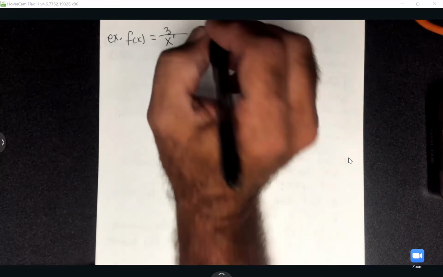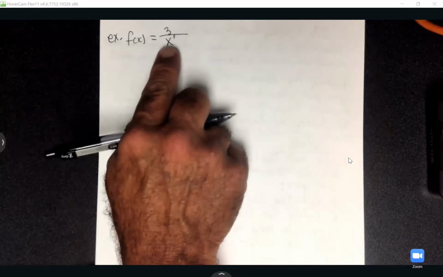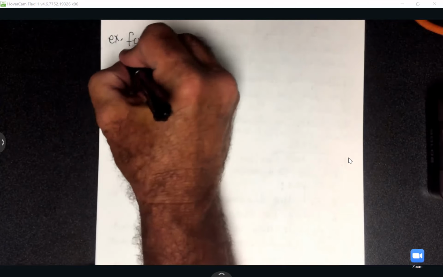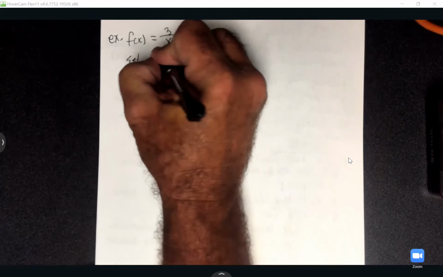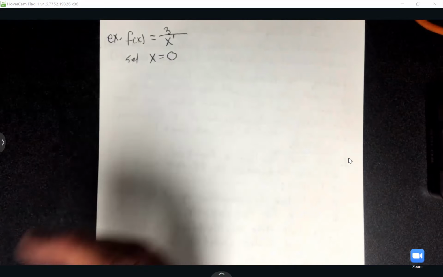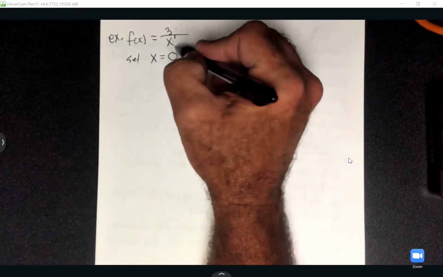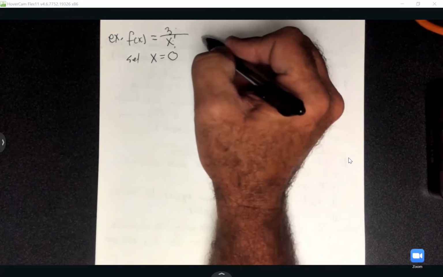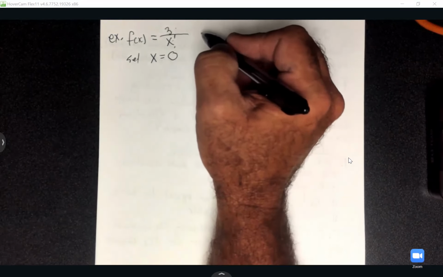So we have our fraction. So remember, we got to set the denominator equal to 0. Well, this one I picked is pretty quick. It's already solved for x when I put that down there. So that means if you put a 0 up here, 3 divided by 0 would make that undefined. And undefined is not a real number.